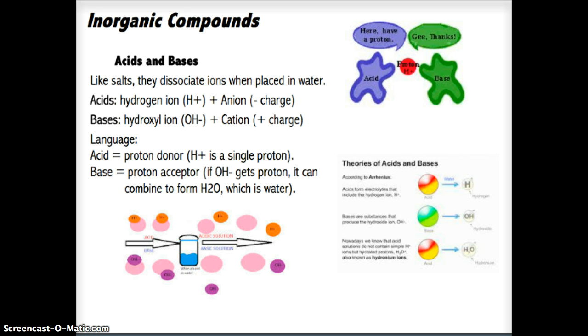The proton is positive. So that's an acid. An acid dissociates a lot of protons in a solution, so it's also known as a proton donor. The hydroxyl ion is part of the base. When a lot of hydroxyl ions are dissociated and the concentration is high, we call it a base. Those are also proton acceptors, because if the OH, the hydroxyl ion, gets a proton, it will combine to water.